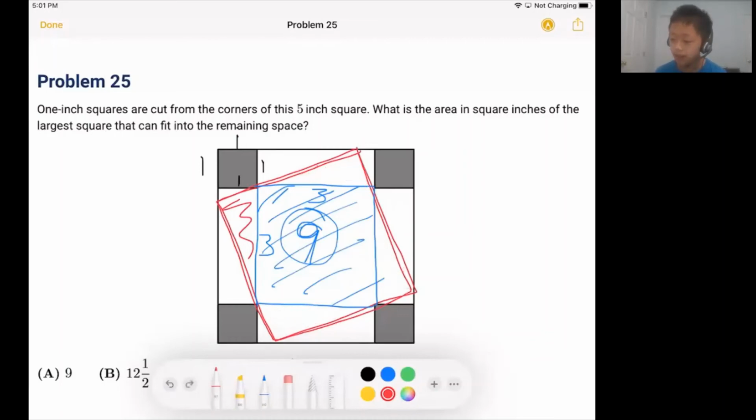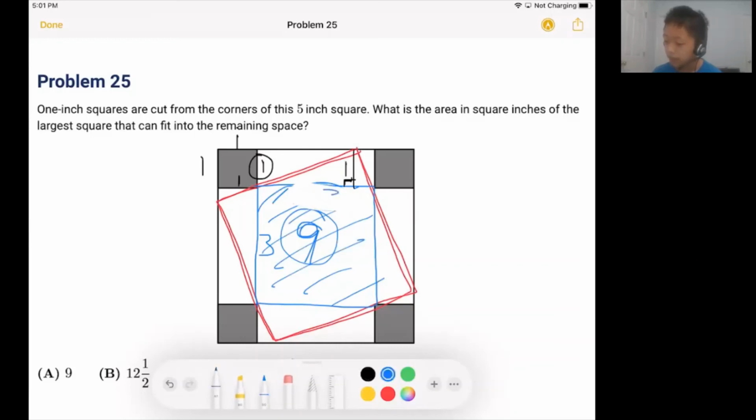Let's focus on this triangle at the very top. Notice you have the number 3 here, so the base has length 3. You can think of this 1 as the height of this red triangle.